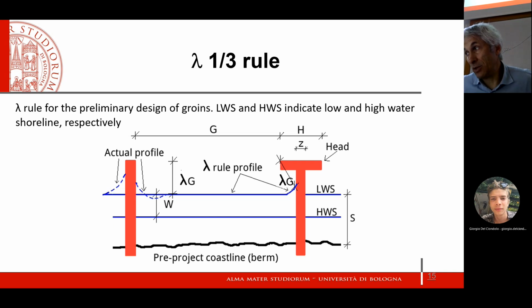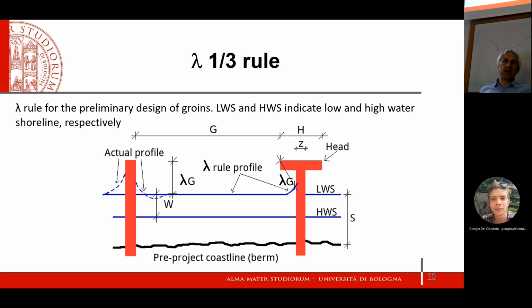Actually, what you see here in the blue dashed line, in correspondence of the left groin, is what will actually happen. So we don't get a fully rectilinear shoreline after reaching equilibrium, as we see if we look at the large continuous blue line.